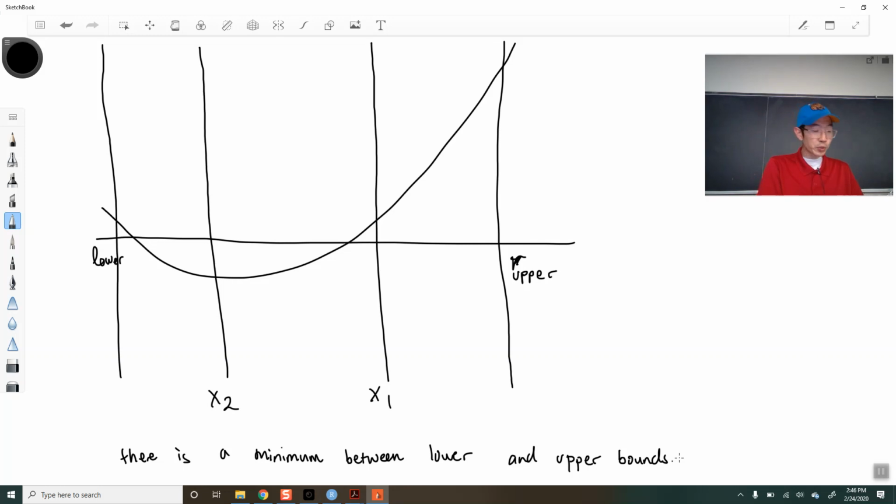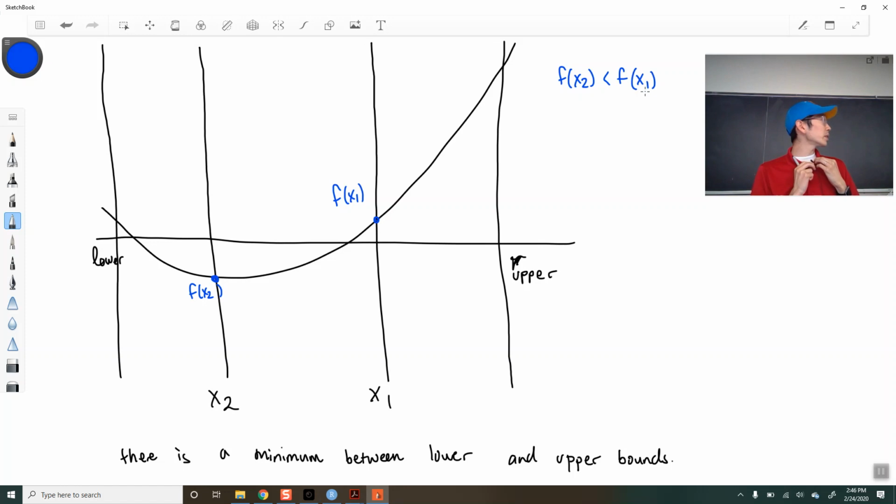What we do is we calculate the value of the function at x1 and x2. So we calculate this, and we calculate this. Here's f of x1, here's f of x2, and we find that f of x2 is less than f of x1.